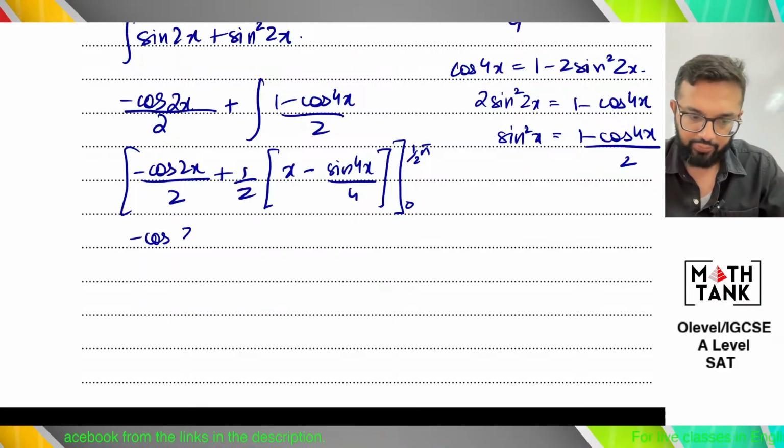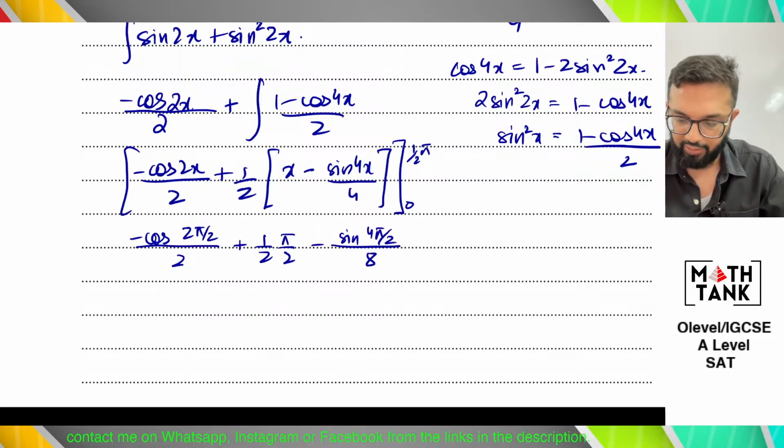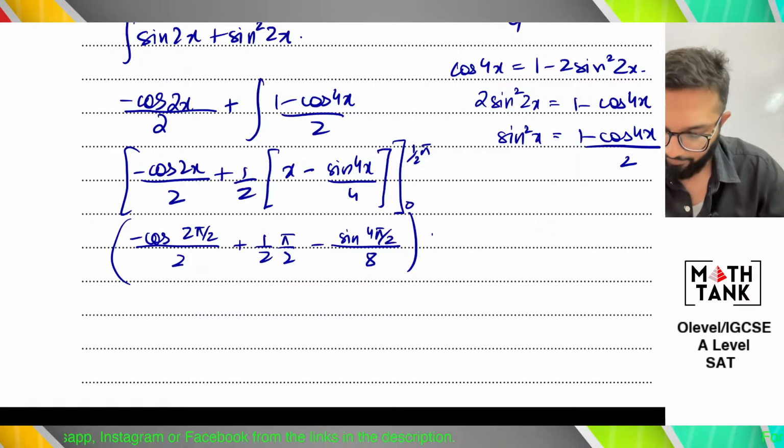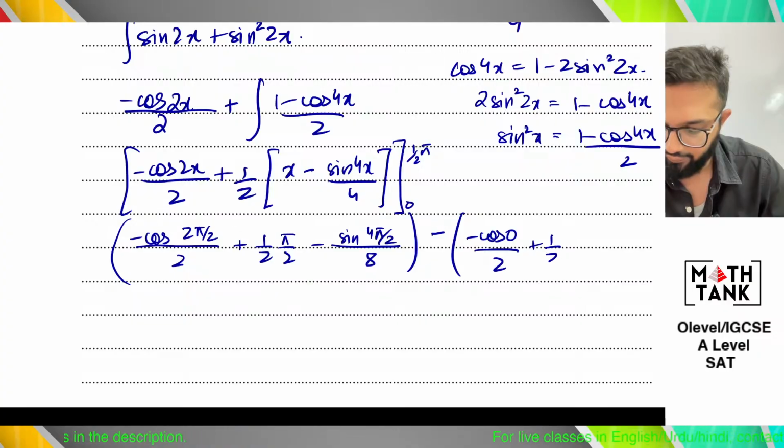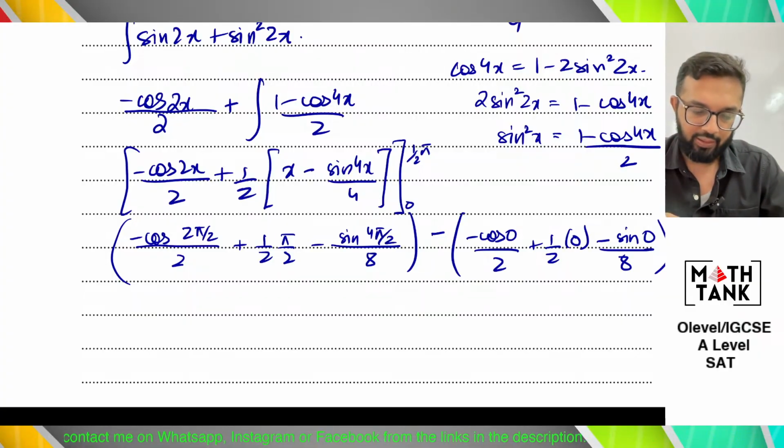So minus cos 2 pi over 2 plus half into pi over 2, half x, and then sine 4 pi over 2 divided by 8, and then minus cos of 0 over 2 plus half of 0 minus sine 0 over 8. Okay, what's minus cos of pi?